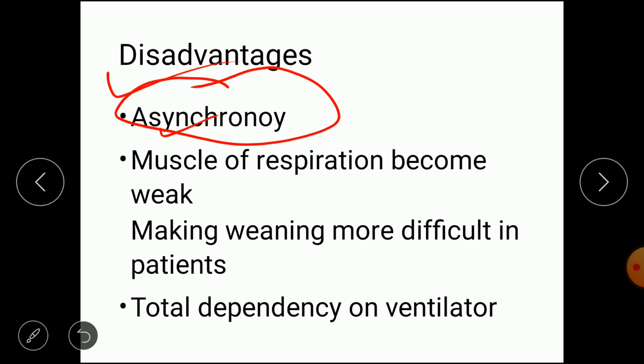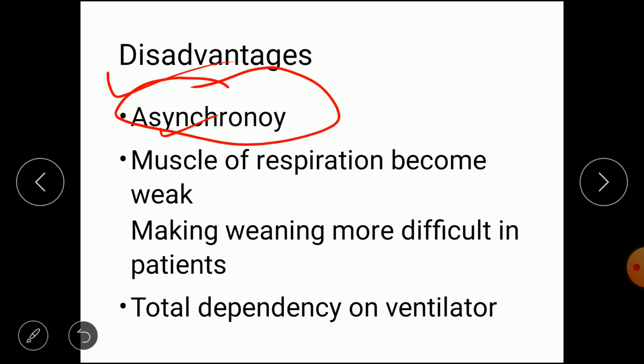If the patient starts a spontaneous breath, the machine cannot synchronize with the patient's tidal volume. The machine generates its own tidal volume, and it cannot synchronize with the patient's tidal volume. So sometimes in this type of mode, hyperventilation also occurs.